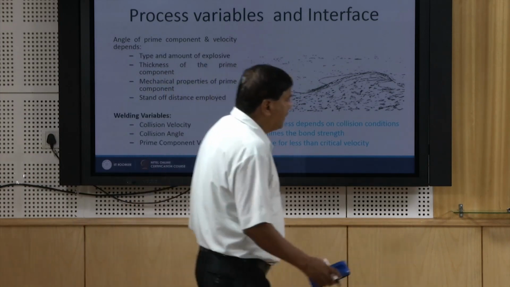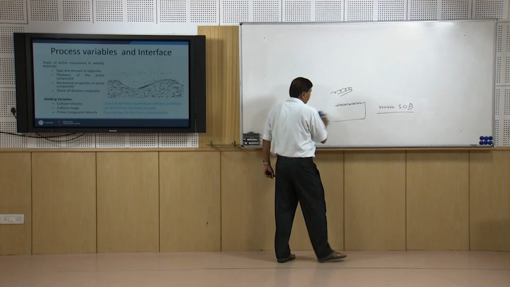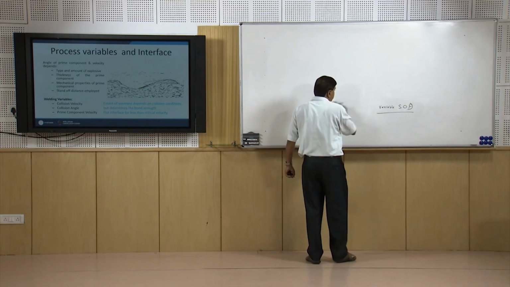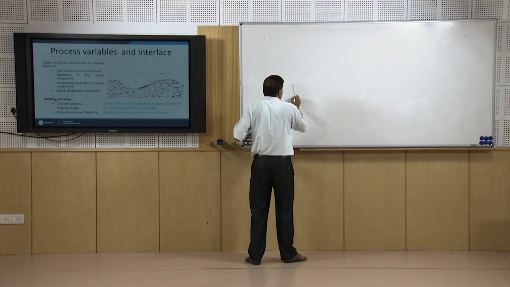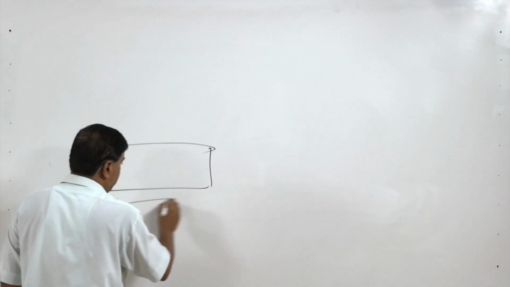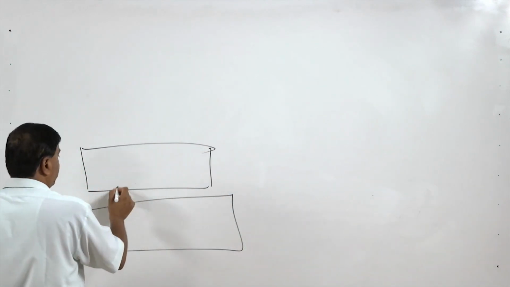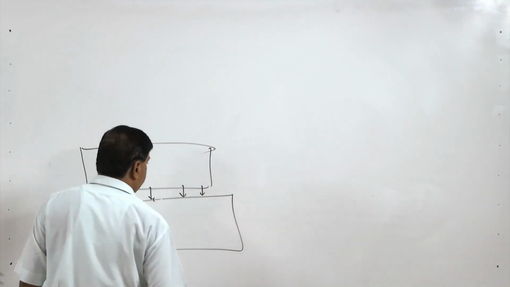Now we will talk a little bit more about the features of the interface. Let us say this is the prime component and this is the base component. After the explosion, the prime component impacts with the surface of the base metal.